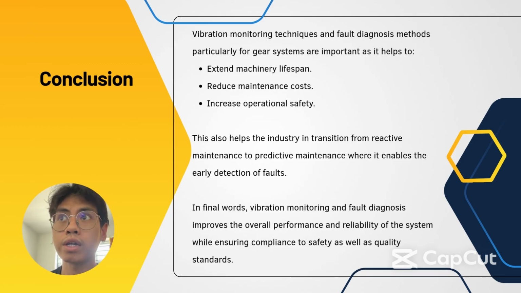They also help the industry transition from reactive maintenance to predictive maintenance, enabling early detection of faults. In final words, vibration monitoring and fault diagnosis improve the overall performance and reliability of the system, while also ensuring compliance with safety as well as quality standards.